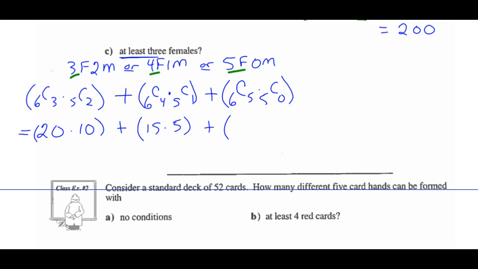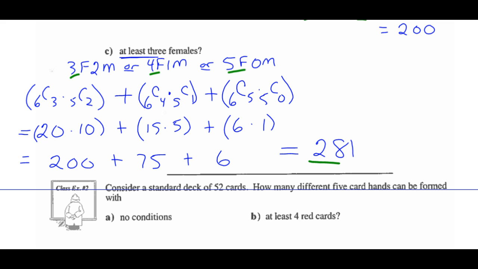And finally 6 choose 5, which we know is 6, multiplied by 5 choose 0, which is 1. So we get 200 plus 15 times 5 is 75, plus 6 times 1 is 6. So the number of subcommittees would be 281 that have at least 3 females.